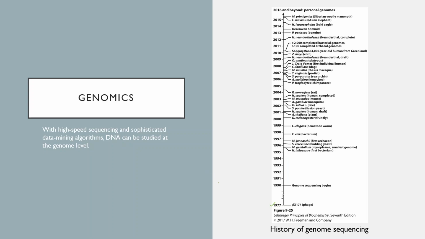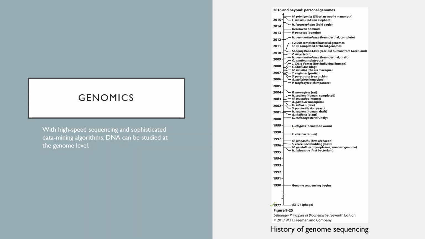After that, the sequencing of genomes became much more common. You have sequencing of yeast, the sequencing of archaea. E. coli's genome was finally sequenced in 1997. E. coli is a common bacterial strain used in research, so that was useful.